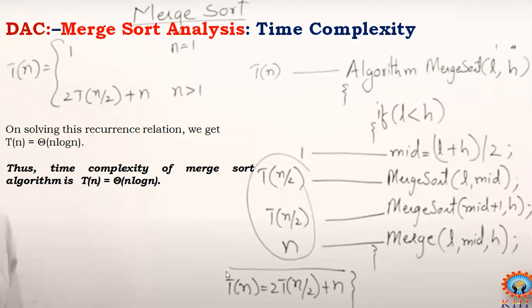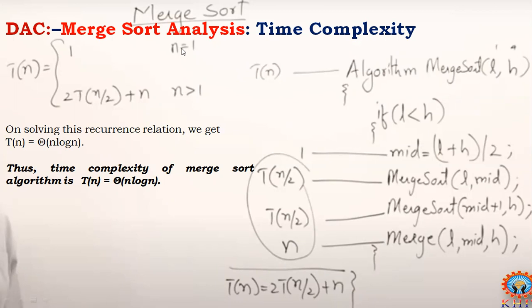This recurrence relation holds when the array contains more than one element. If an array contains more than one element, then the recurrence relation generated for the given array is 2 into T of n by 2 plus n.